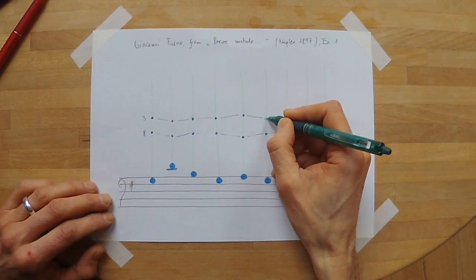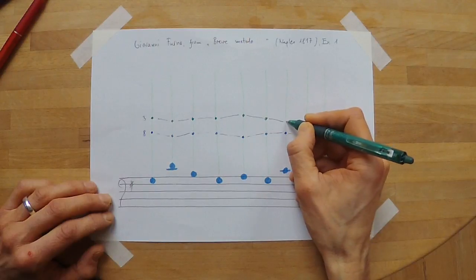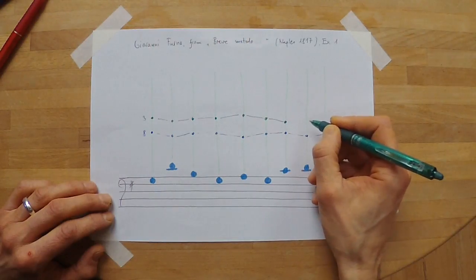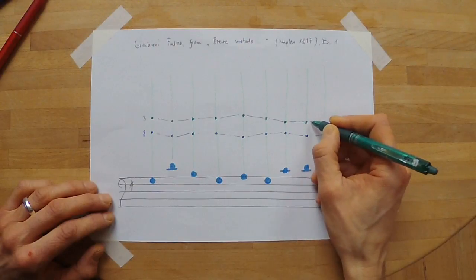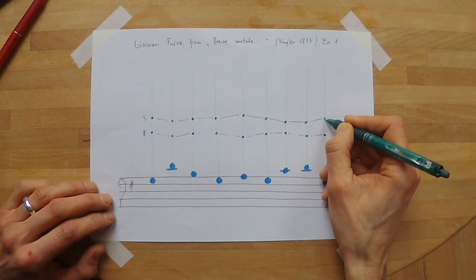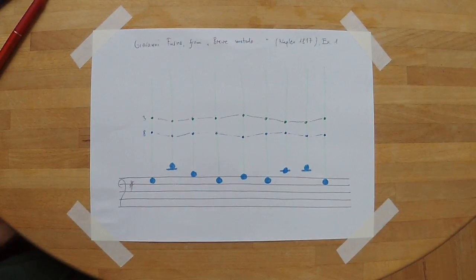Back, 3rd. Here I go down by step, create a 6th, stay on that note, which will be a 5th, back to 3rd. At certain moments there are, of course, different options to choose. This is just one suggestion.